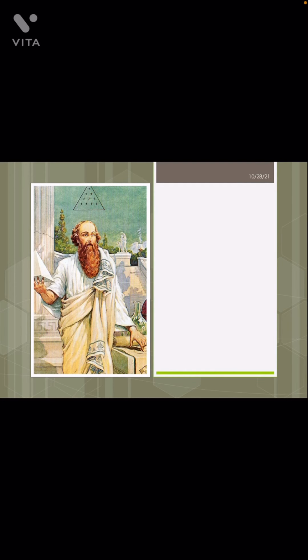Do you know this philosopher? Pythagoras, a Greek philosopher who lived over 2500 years ago. He is credited with a number of important mathematical and scientific discoveries, most significant of which has become known as Pythagoras theorem. You have learned it already.